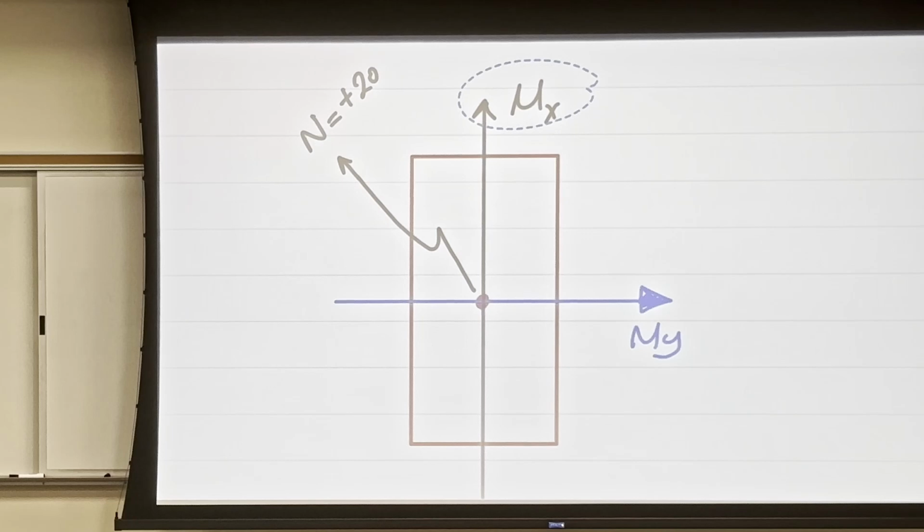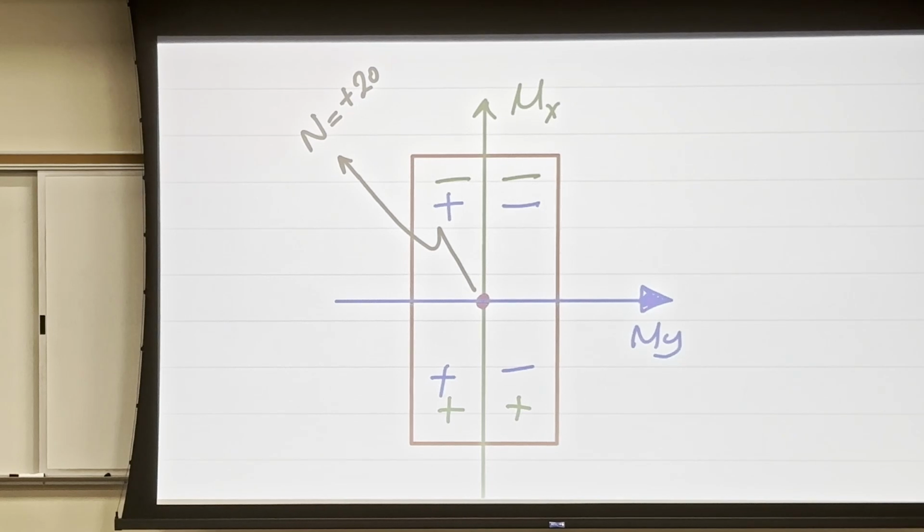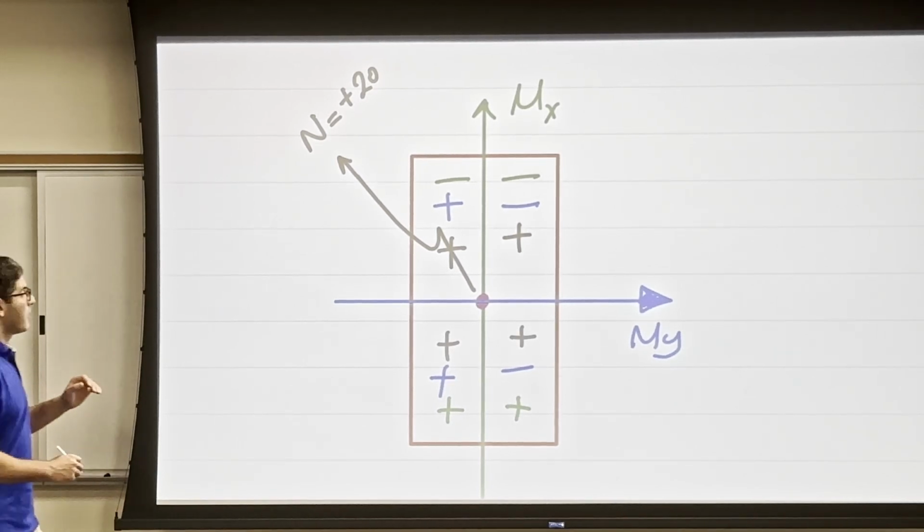So I'm having this in green. So due to Mx in green here, the upper side is in compression, the lower side is in tension. If I do have a bending moment My in blue here, so due to the bending My, this side is in compression, this side is in tension. And due to the normal force, which is in black, I do have plus, plus, plus, plus. Everything is positive due to here.